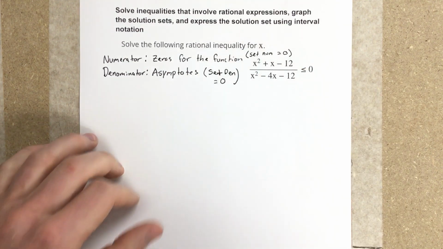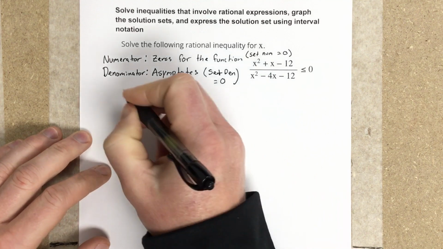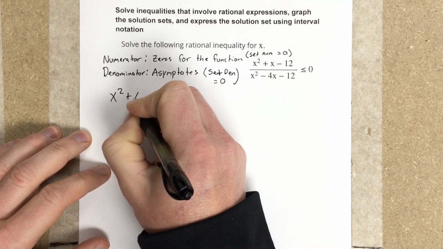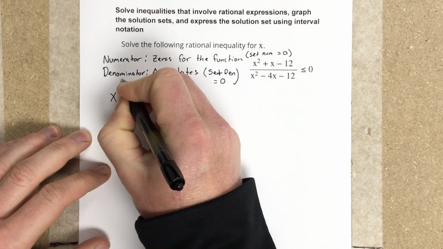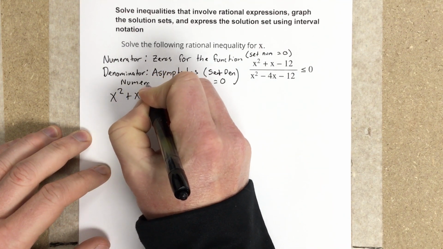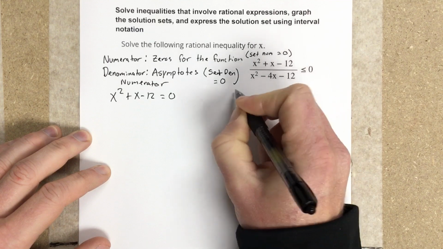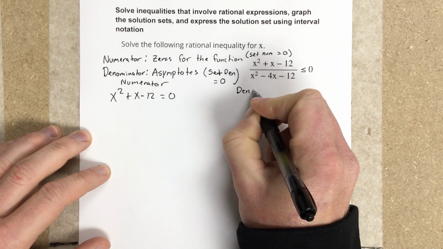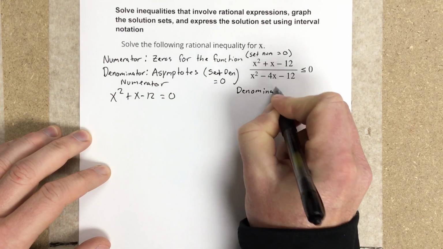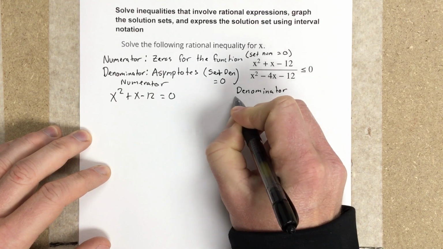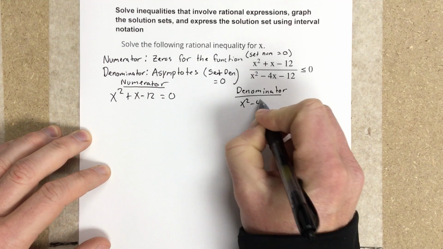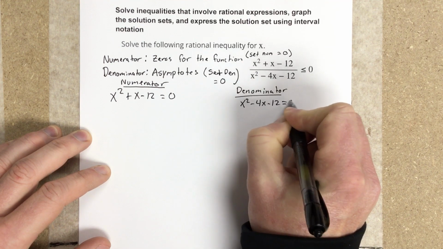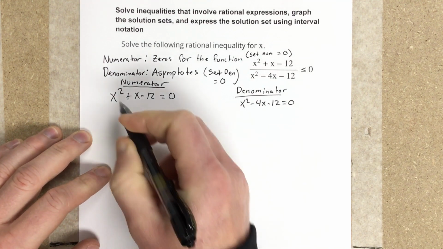We're going to start by saying x squared plus x minus 12 is equal to 0. So this is the numerator piece. And then for the denominator, we're going to say x squared minus 4x minus 12 is equal to 0. And we're going to solve each quadratic separately.